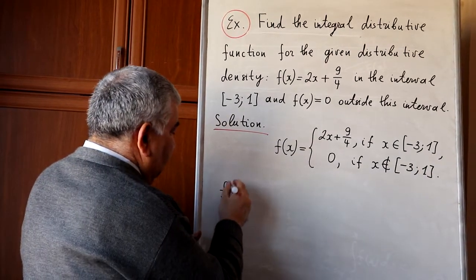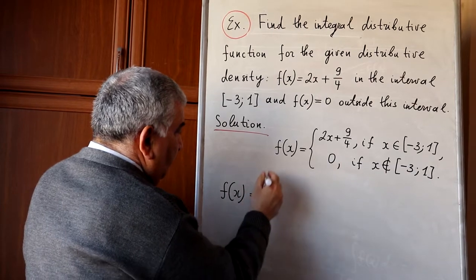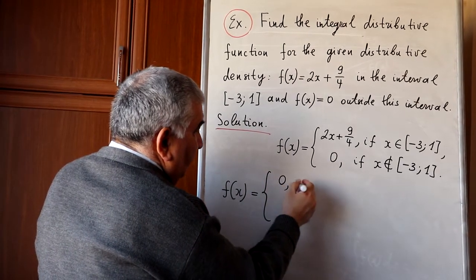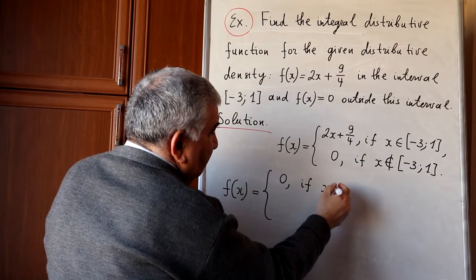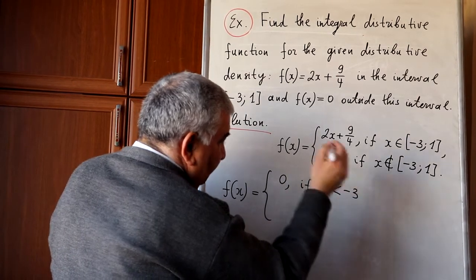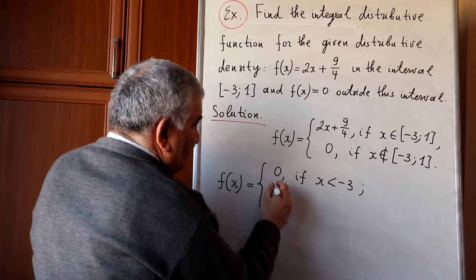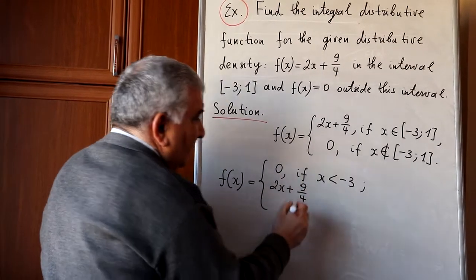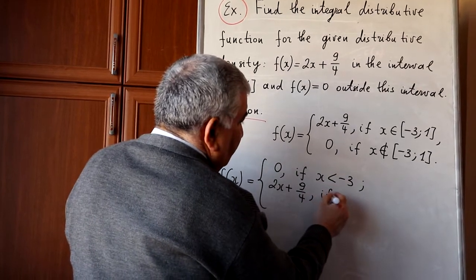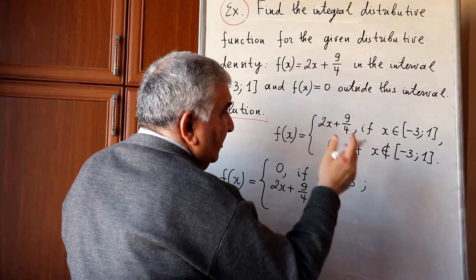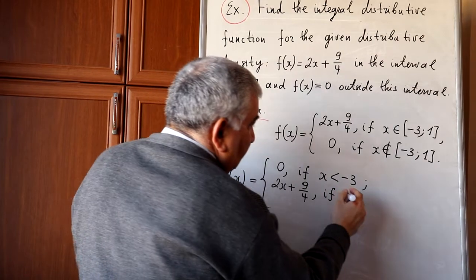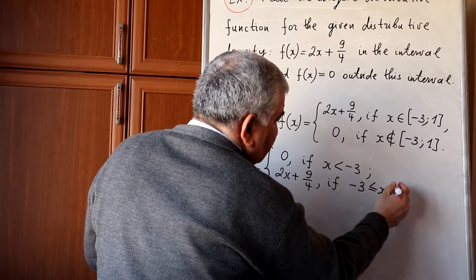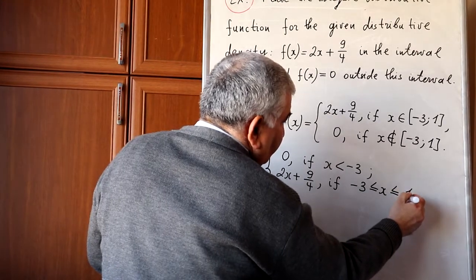F of x equals 0 if x is less than minus 3, equals 2x plus 9/4 if x is situated between minus 3 and 1, minus 3 is less than or equal to x is less than or equal to 1.